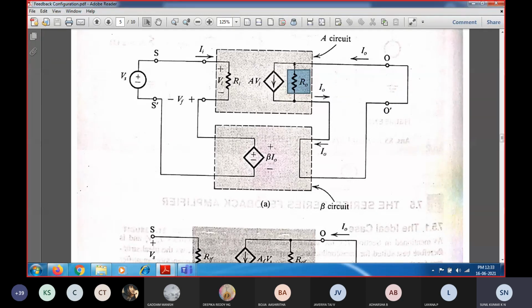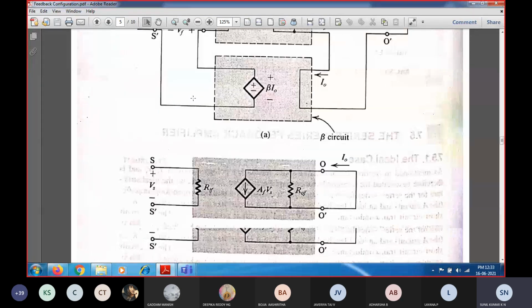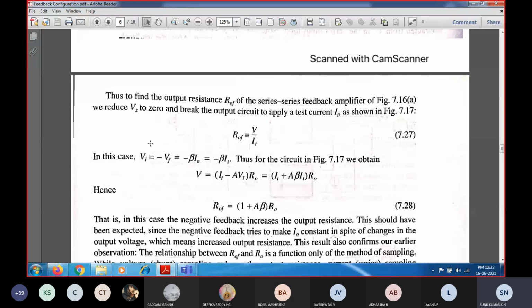So the voltage across here will be equal to Vi. So what is this Vi? Vi will be equal to Vs minus Vf. Since Vs is set to 0, Vi will be equal to minus of Vf.